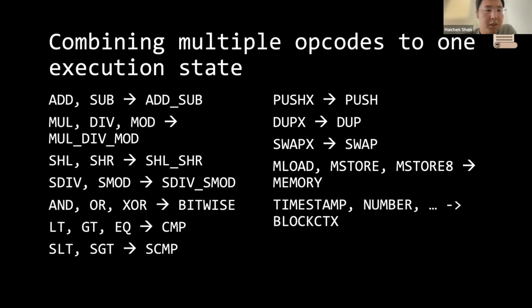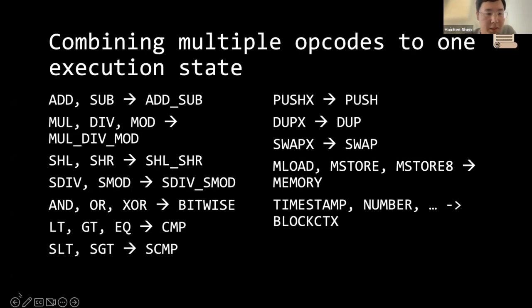You only need to differentiate, because you can use a simple gadget, A times B plus C equals D, that's going to constitute all of the cases for multiply, division, and mod. Similarly, shift left and shift right you can also combine into one single state. And the signed division and signed mod you can also combine into one single execution state.